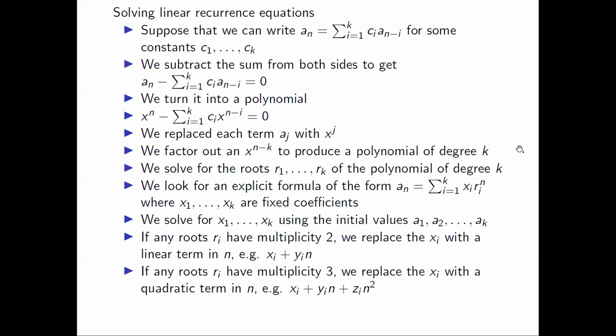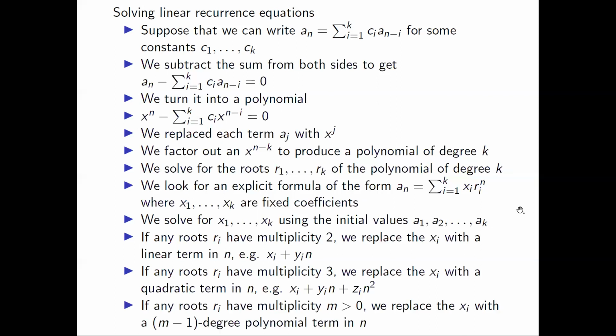If you have some root r sub i with multiplicity 3, you replace the x sub i with a quadratic term in n. So a quadratic term in n in general can be written in the form x sub i plus y sub i times n plus z sub i times n squared, where x sub i, y sub i, z sub i are some real numbers that we have to solve for.